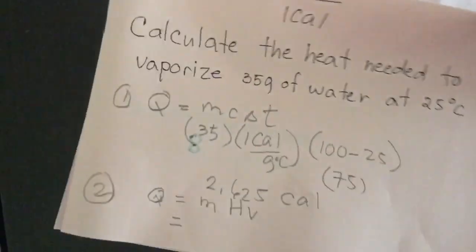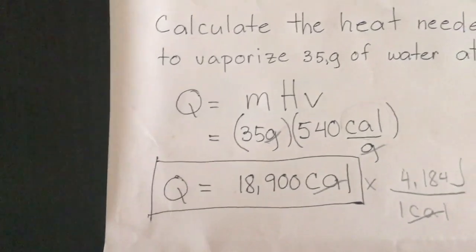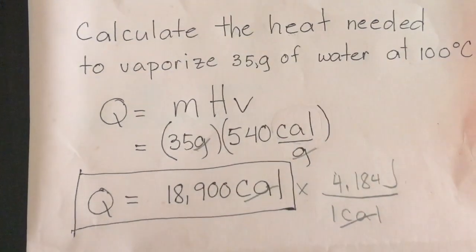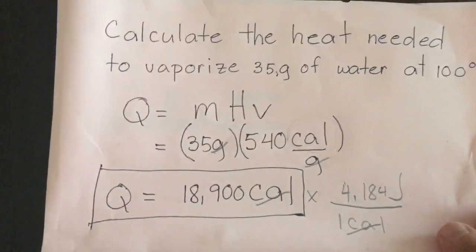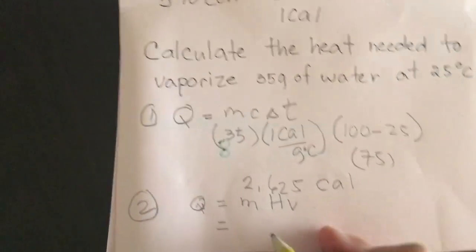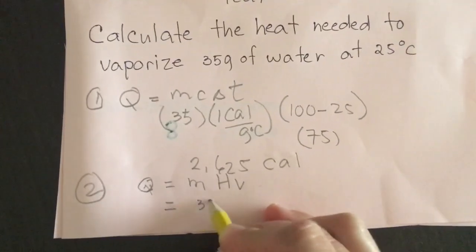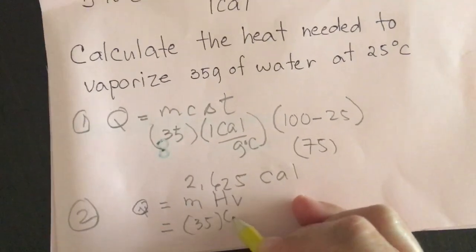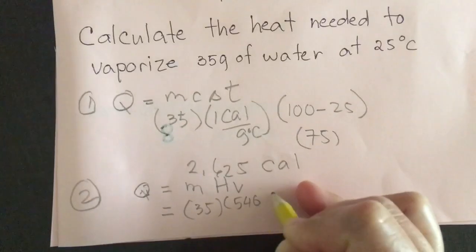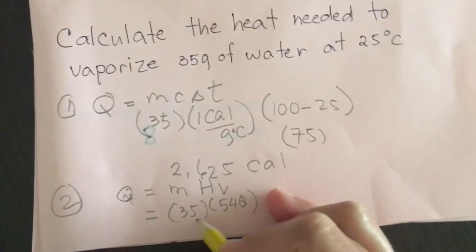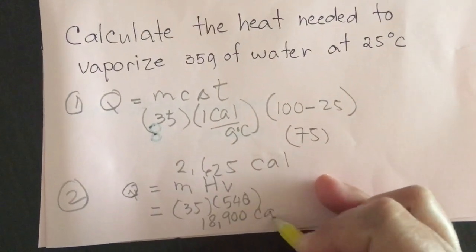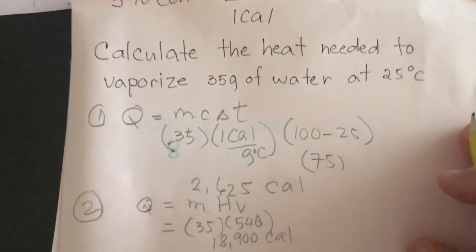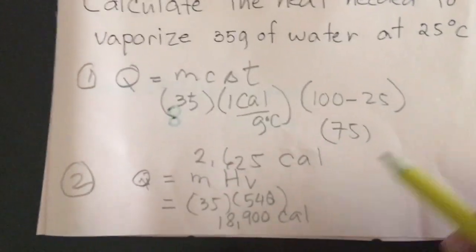So remember this one right here? That would be the equivalent of our second step. So 35 times 540 would give us 18,900 calories.